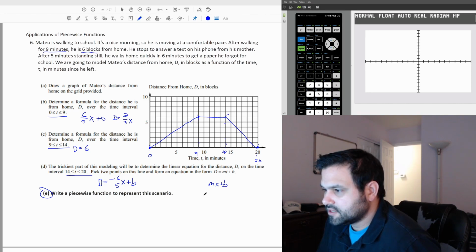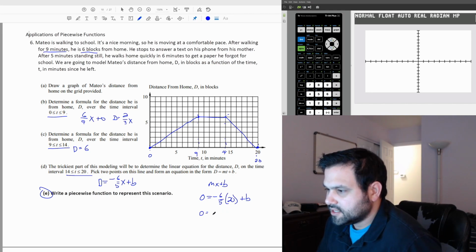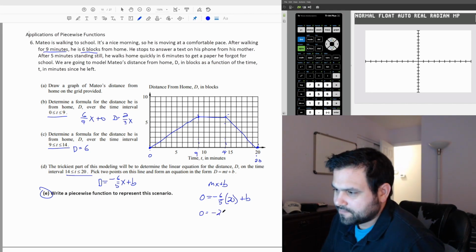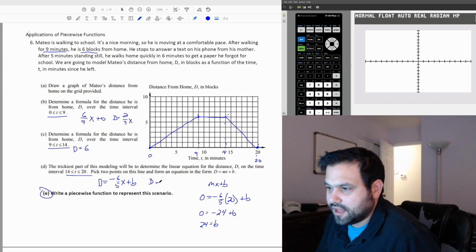So plugging that in, 0 equals -6/5 times 20 plus b. And then I'm going to simplify this. So that's going to be 4, and 4 times 6 is going to be 24. And then I'm going to add the 24 to both sides. And so I see that my y-intercept is 24. And so now I can write that part of the function as -6/5 x plus 24.